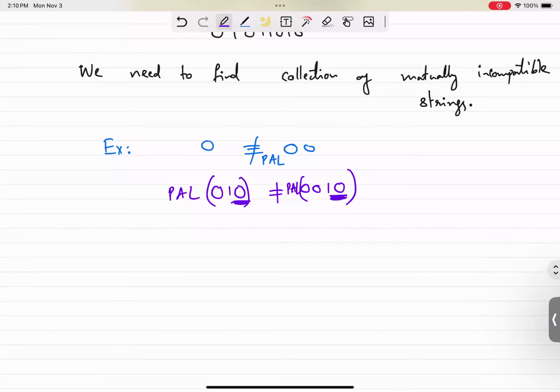Any suggestions? I would say, in some sense, it's actually already here. What would be a way to, so let's say I want 3 strings such that no 3 are comparable, yeah?